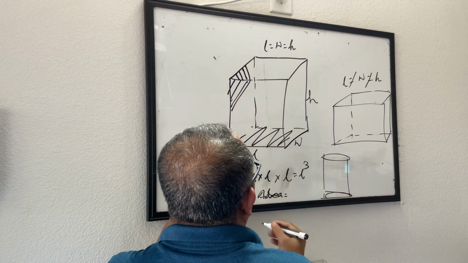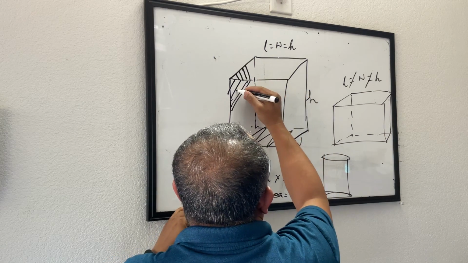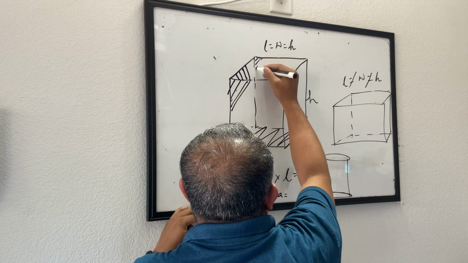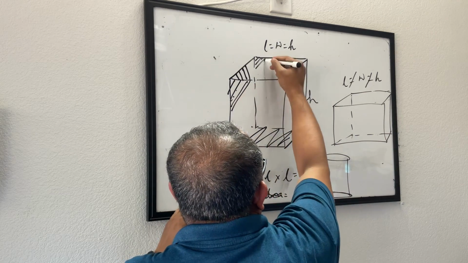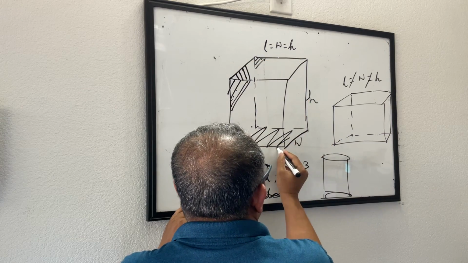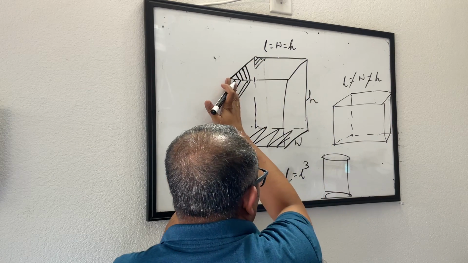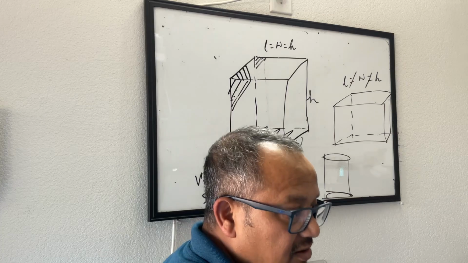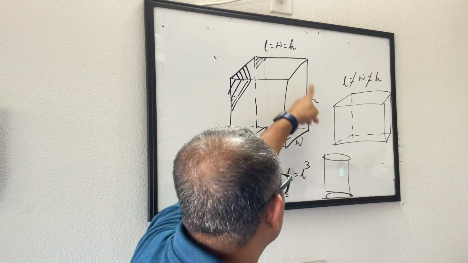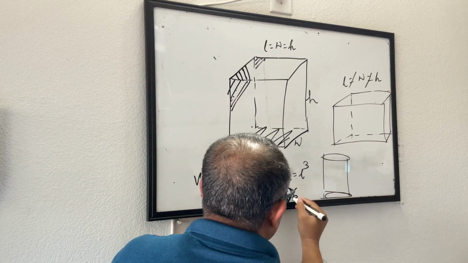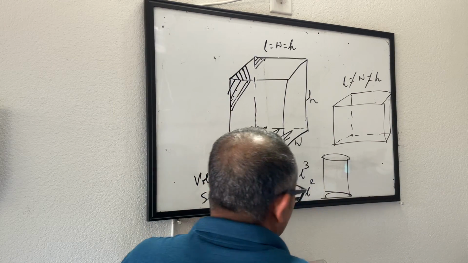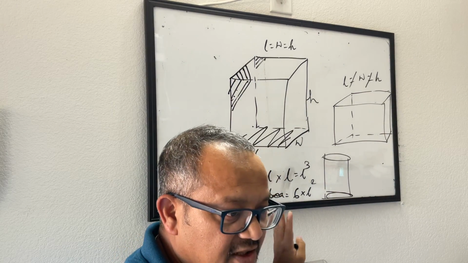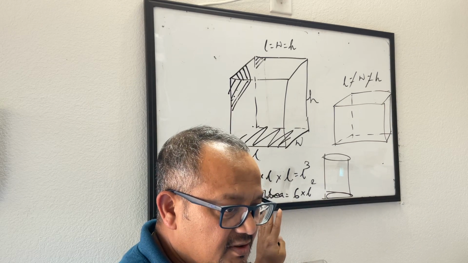Second is on the top. Third one is on the opposite of this, on the back. This one, front and the back, top and the bottom, side and the opposite side. And everything is the same. Length and width and height, all the dimensions are the same. So it will be 6 times the area of one side, which will be length into length. 6 times L square. This one is okay so far?